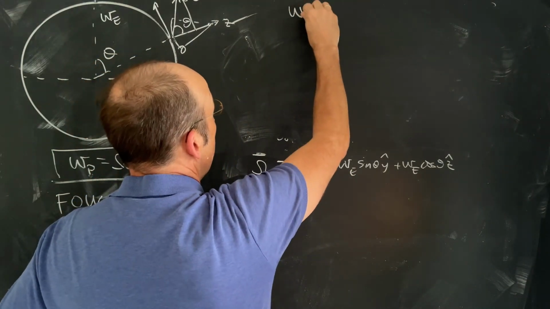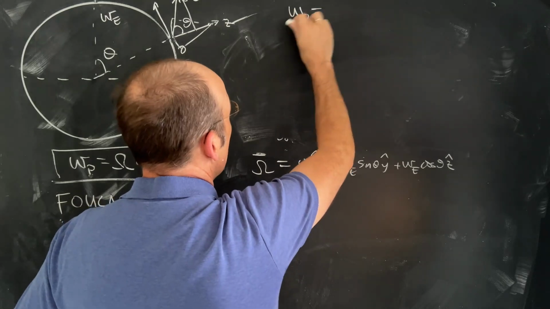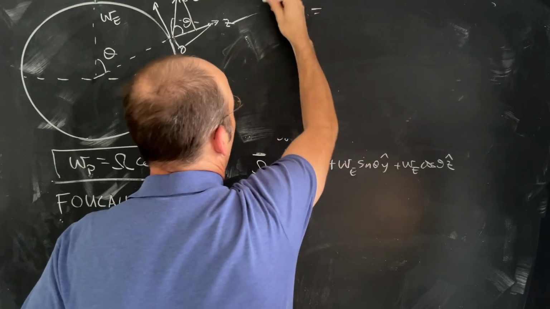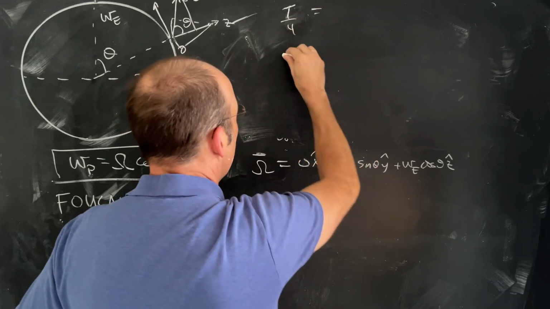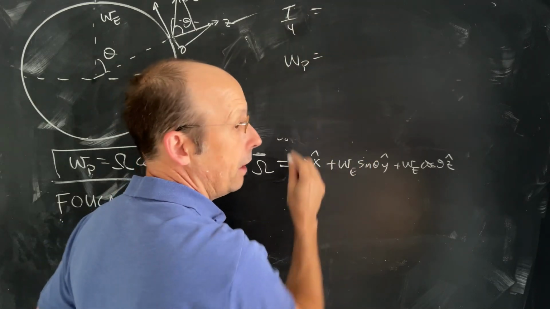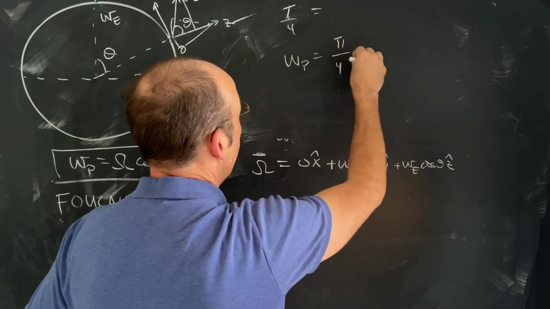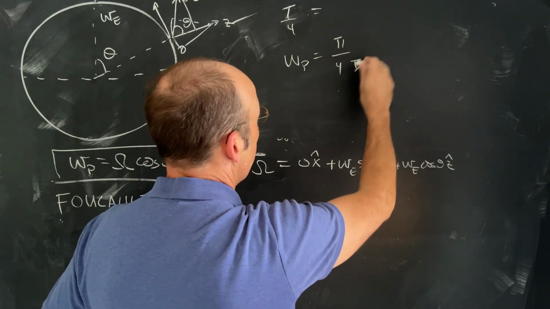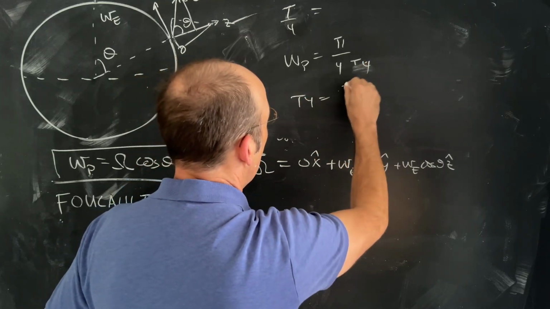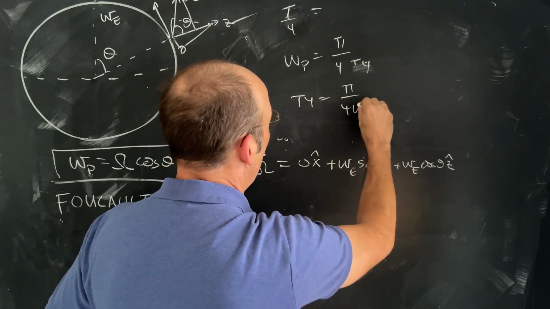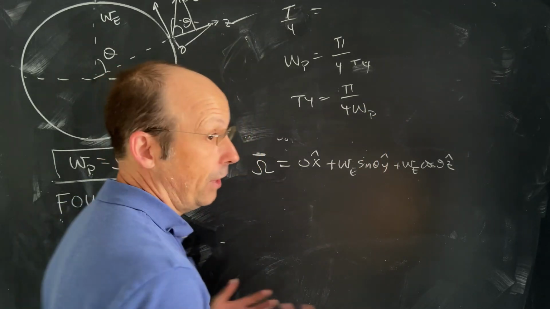So omega p is going to be the angle, which would be pi over 4, a fourth of the way, divided by the time, T4. So T4 is going to be equal to pi over 4 omega p. Is that right? Okay, let's print that and see if we get the same thing.